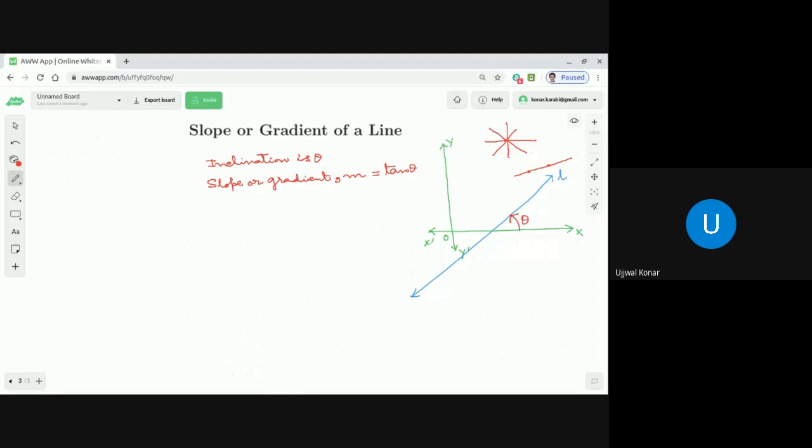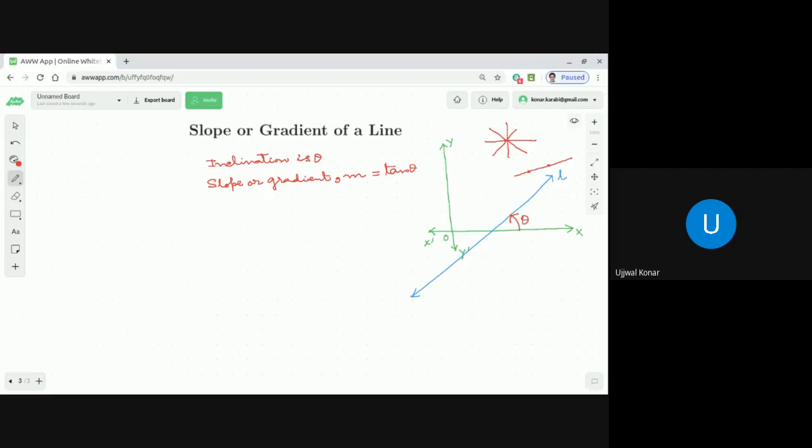But remember, I know you know, I'm just repeating the statement that theta has to be measured in the anti-clockwise direction. Anti-clockwise direction is known as the positive direction of measuring angles, dear students. So this is the way we find the slope or gradient of a line.